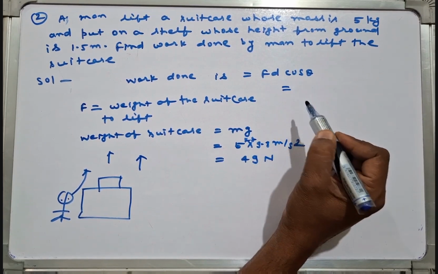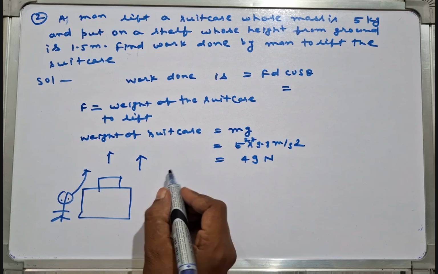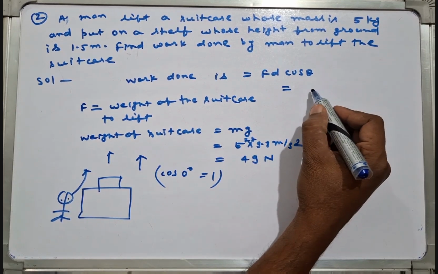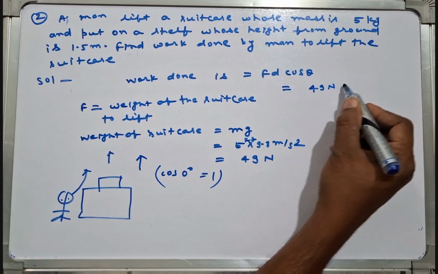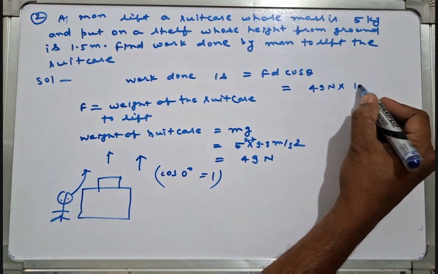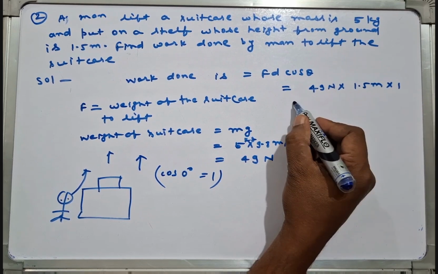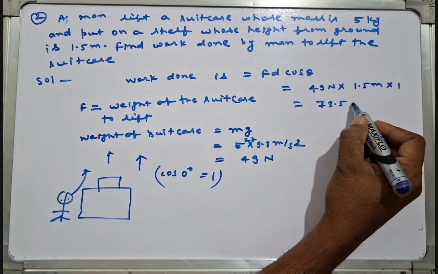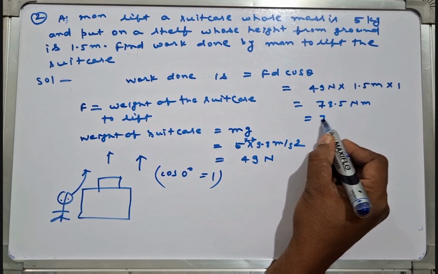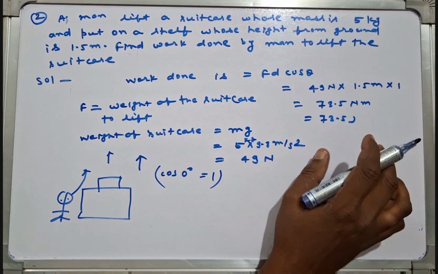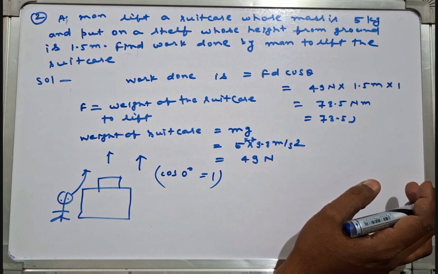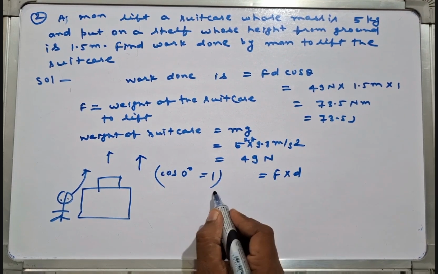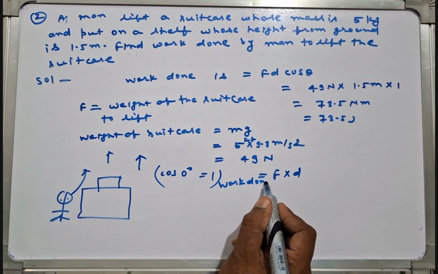So cos of 0 degree equal to 1, so this becomes 49 Newton, and here displacement is 1.5 meter, and this is 1. So this value will come to 73.5 joule.